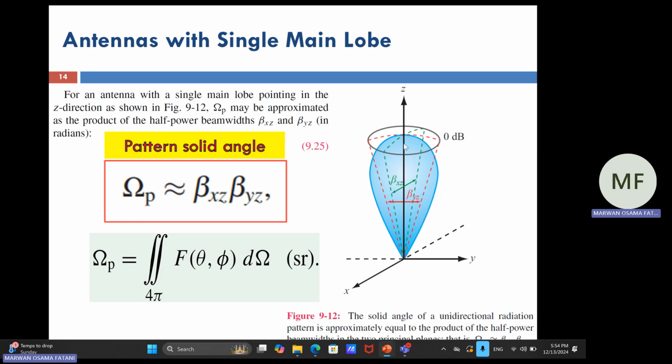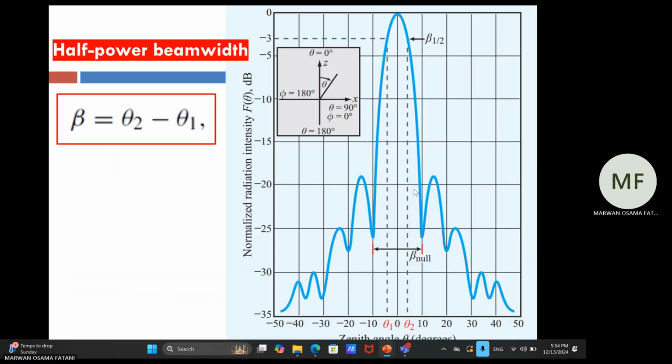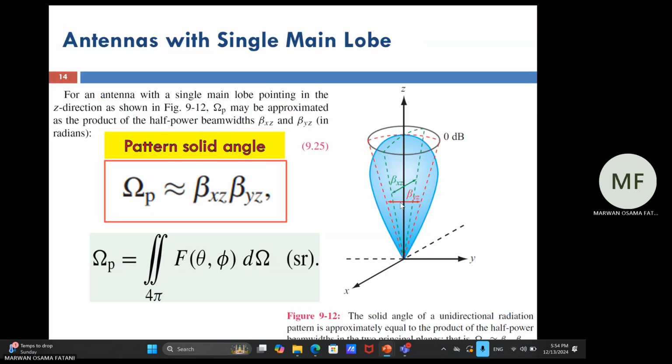If you take a cut in this cone, a cut from the xz plane and then a cut from the yz plane, we're going to have beta xz and beta yz, because this pattern could be on the x plane or the y plane. Once you get beta xz and beta yz, multiplying them is actually an approximation to the pattern solid angle, which can be found by just integrating the intensity.